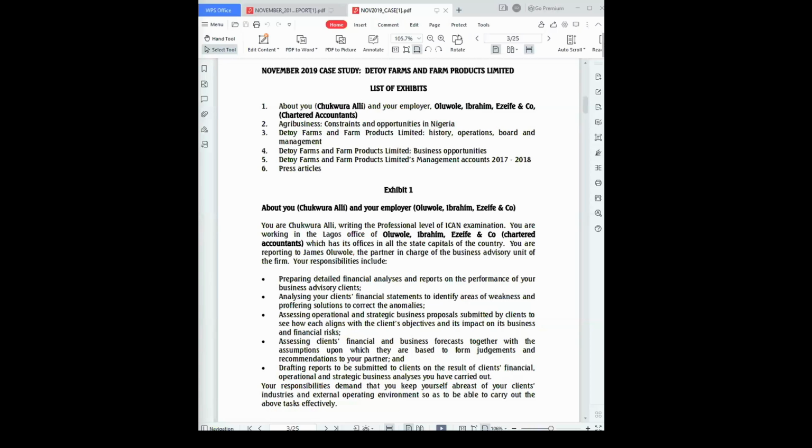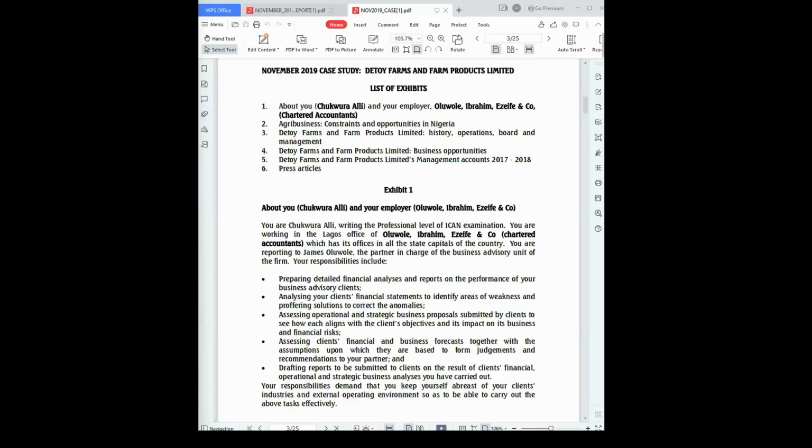Your responsibilities include: one, preparing detailed financial analysis and reports on the performance of your business advisory clients. Two, analyzing your clients' financial statements to identify areas of weakness and proffering solutions to correct the anomalies. Three, assessing operational and strategic business proposals submitted by clients to see how each aligns with the client's objective and its impact on its business and financial risk.